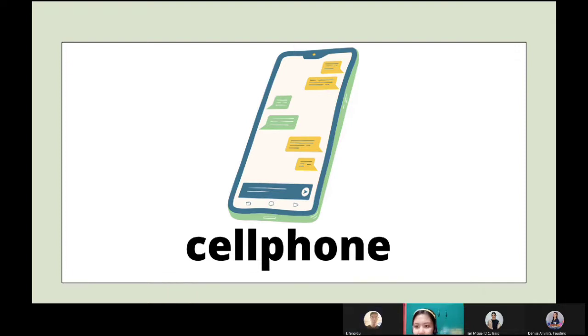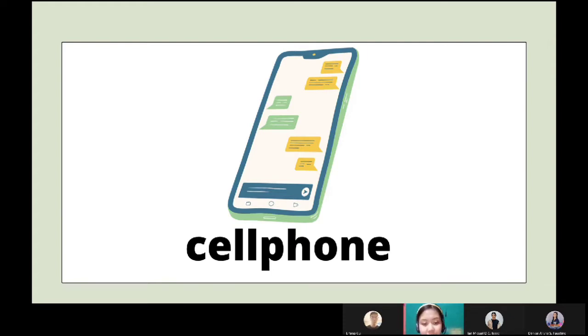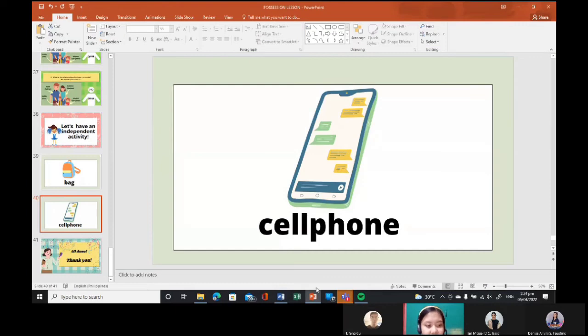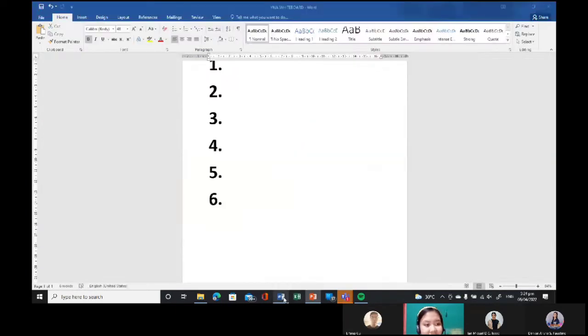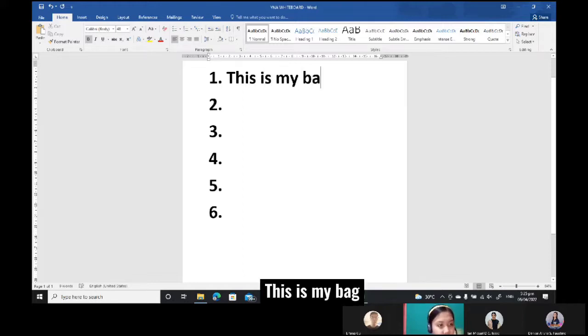All right. Now let me list all your answers first in a virtual whiteboard. Oh no, in just a Word document. So it will just be simple. So just correct me if I typed the right sentences. So for Ian, this is my bag.